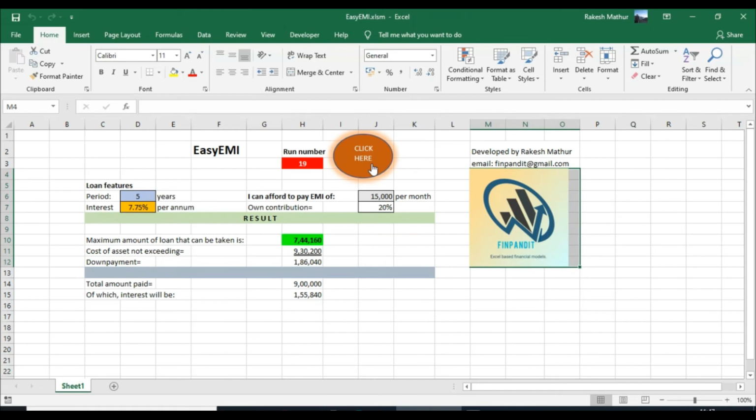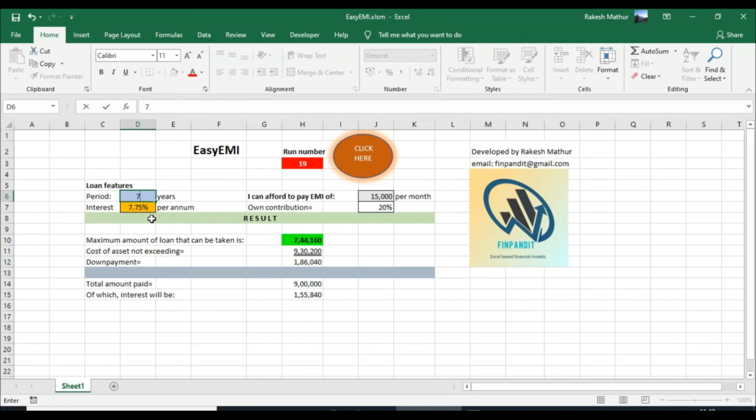Good, right? Similarly, suppose you are a corporate. Now you are willing to buy a machinery by taking a bank loan. The bank is giving you a loan for 7 years. The interest rate it is charging is 11.2%, and the company has worked out from its cash flows that it can pay an EMI of say 4 lakhs per month.